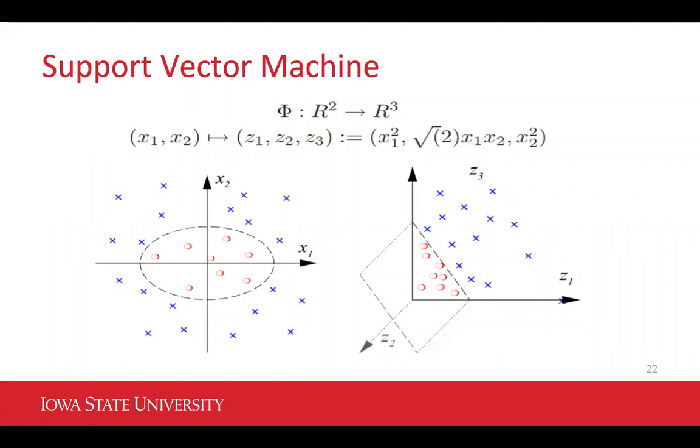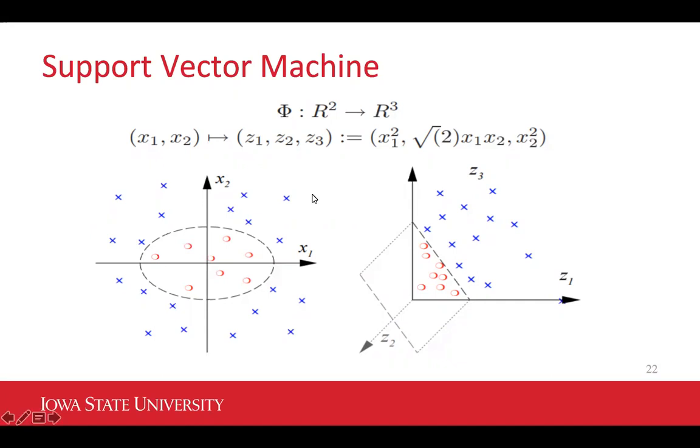For example, in this data set, the red group is surrounded by the blue group. So what we do is transform this two-dimensional data into higher dimensions, and we think that we can more easily separate those two groups in higher dimensions.